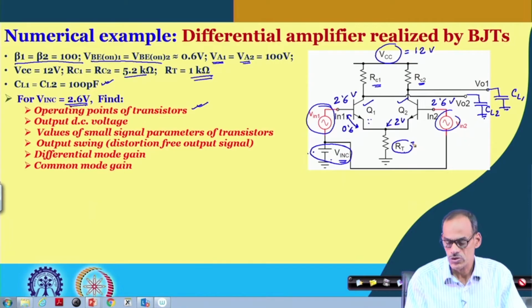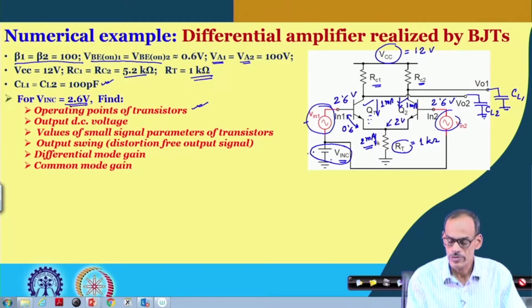Now RT equals 1 kilo ohm, so the current flowing here is 2 divided by 1 k, which is 2 milliampere. Under quiescent conditions, in the absence of the small signal, this 2 milliampere current gets equally divided into two halves, one for the left branch and one for the right branch. So 1 milliampere flows through Q1, and likewise through Q2.